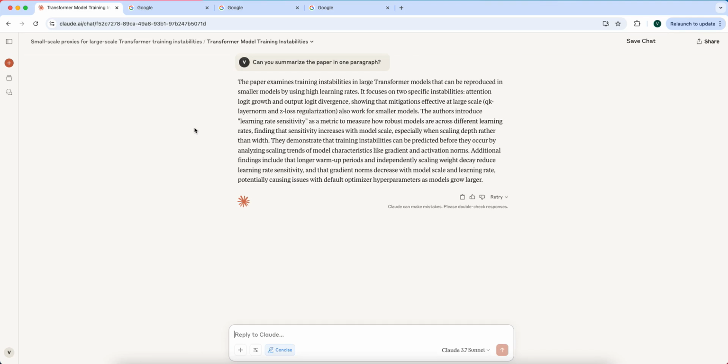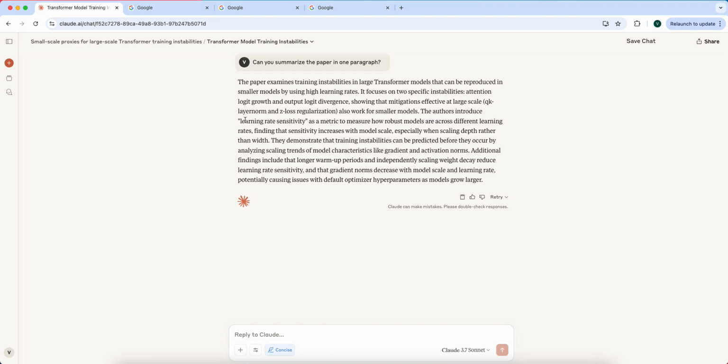So this paper examines training instabilities in large transformer models that can be reproduced in smaller models by using high learning rates. It focuses on two specific instabilities: attention logit growth and output logit divergence, showing that mitigations effective at large scale, qk-layernorm and z-loss regularization, also work for smaller models.